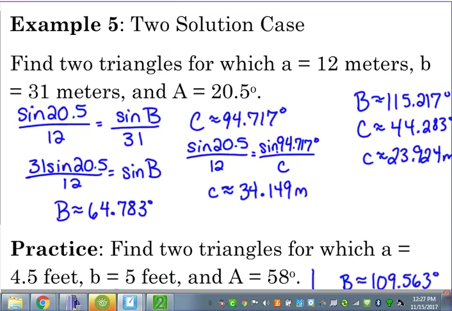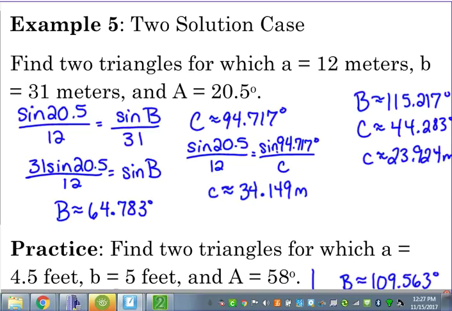With these three, 20.5, angle A is still our smallest angle, and side A is still our smallest side. This time angle B is the biggest angle, and side B is the biggest side because it's 31, and side C is 23. So it fits right within those parameters.